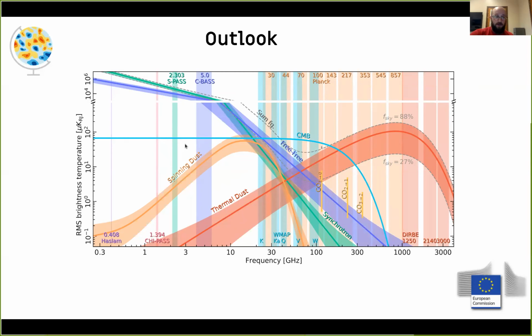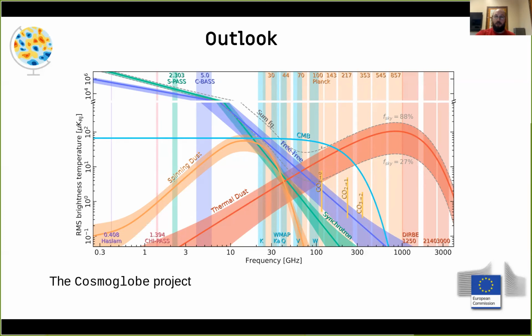S-PASS, C-BASS and CHIPASS are all data sets that are going to be very important for probing the degeneracy between, say, synchrotron and free-free, as well as Haslam. Basically, the more anchors you add, the less degenerate the system becomes. And so this will make things a little bit easier to solve, perhaps making it more possible to do a joint sample of all the amplitudes at once and having an algebraically more tractable system. But in the meantime, the conjugate gradient groups are a way that we can get around that.